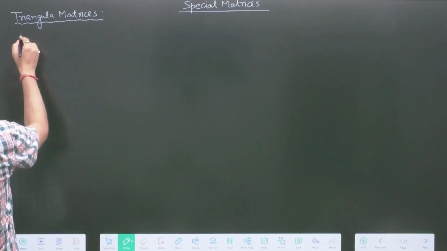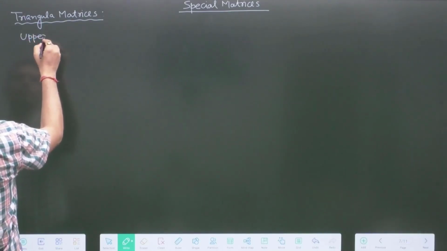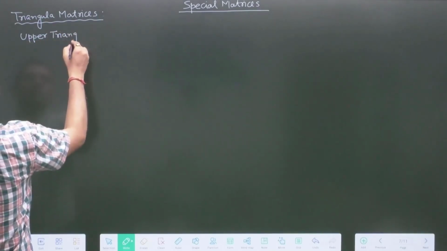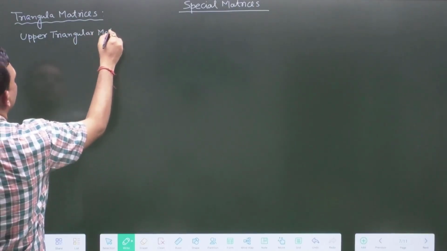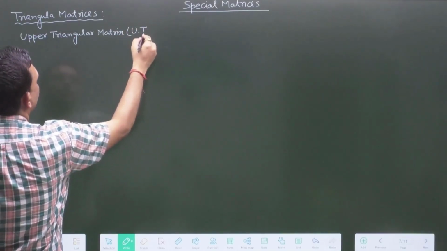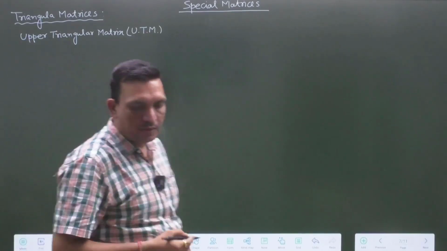In triangular matrix, we have upper triangular and lower triangular matrix. UTM. So what is an upper triangular matrix?